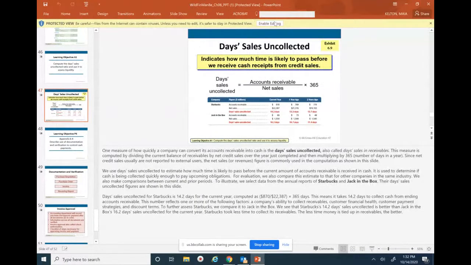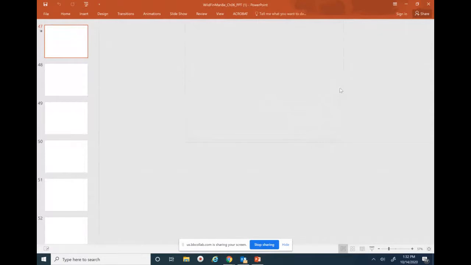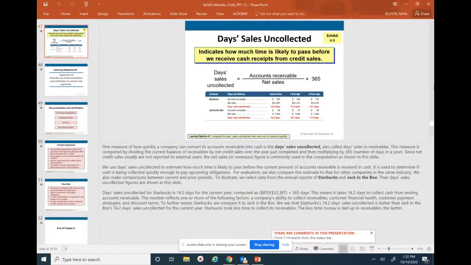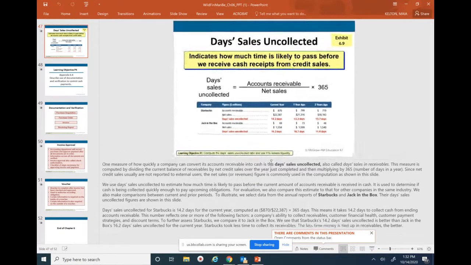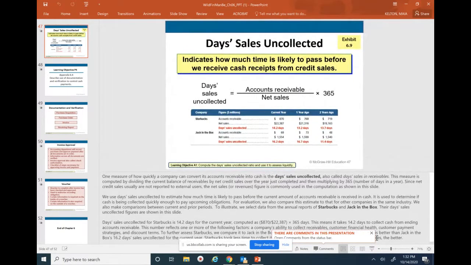So here is the days sales uncollected. This ratio shows us how much time is likely to pass before we receive our cash from credit sales. We also call this ratio days in sales receivable.